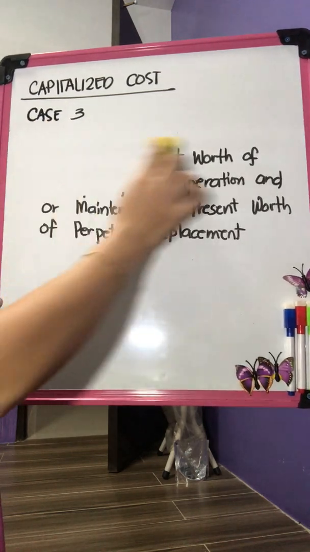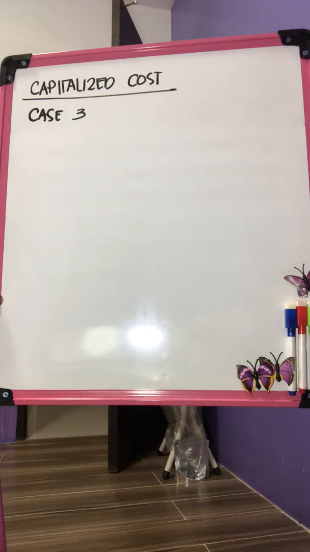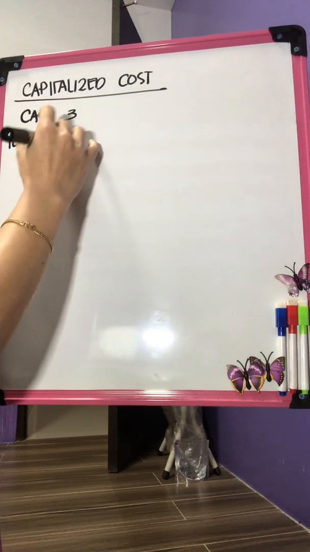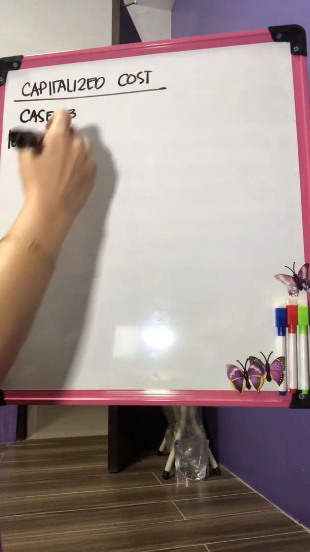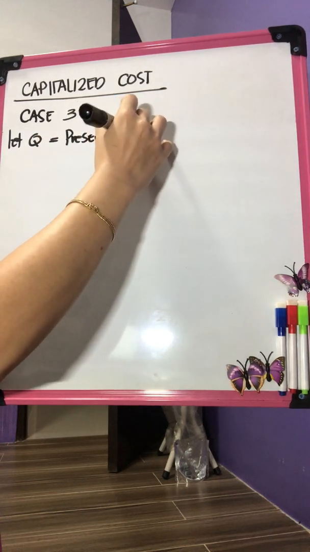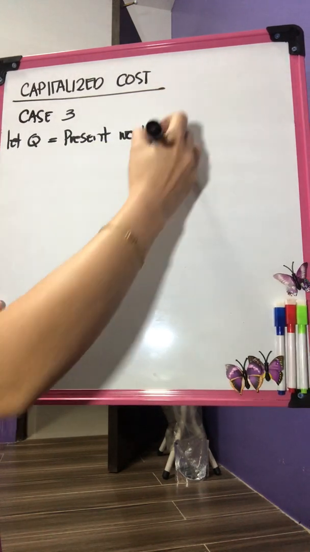Okay. So first, kunin muna natin yung present worth ng perpetual operation natin. So let us say na yung Q, this is the present worth of perpetual operation.